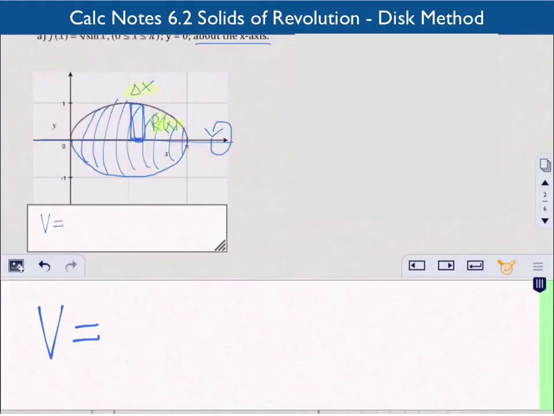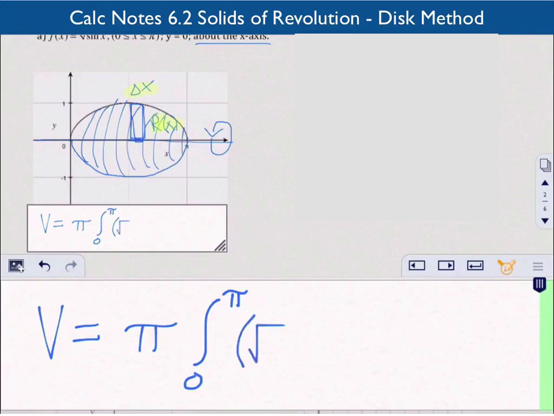So here the volume is going to be pi times the definite integral from 0 to pi of the radius, which in this case is just r of x, so it's going to be the square root of sine x, squared, with respect to x. Okay, so that is our disk method there.